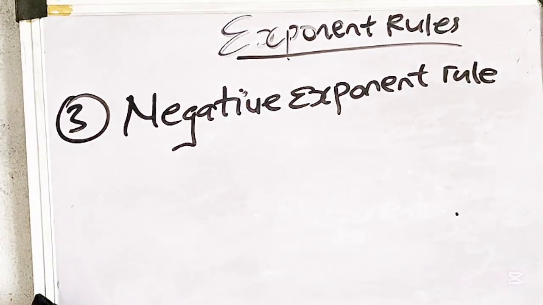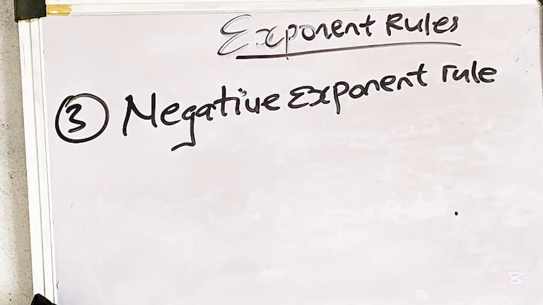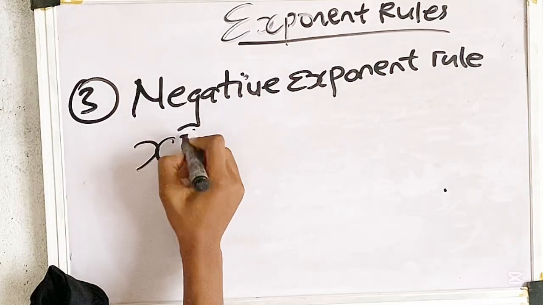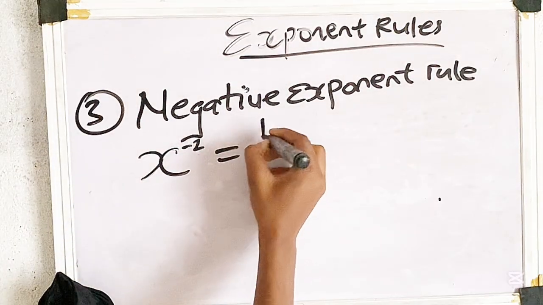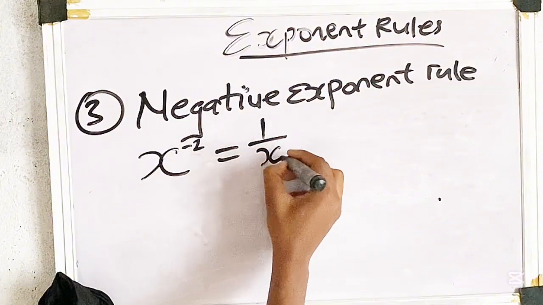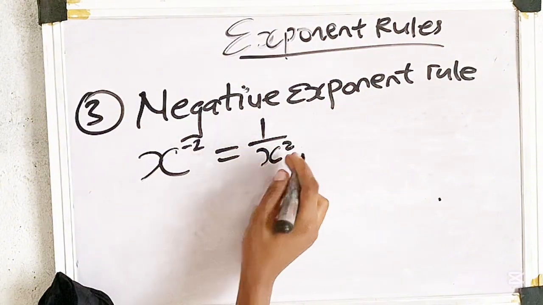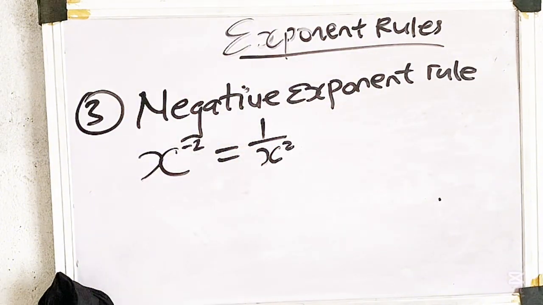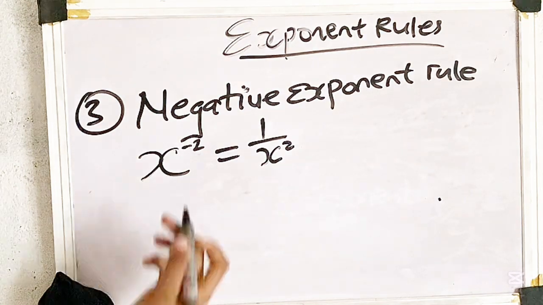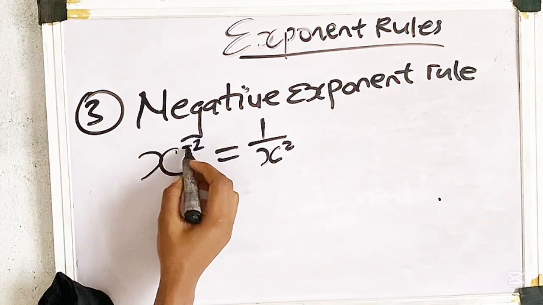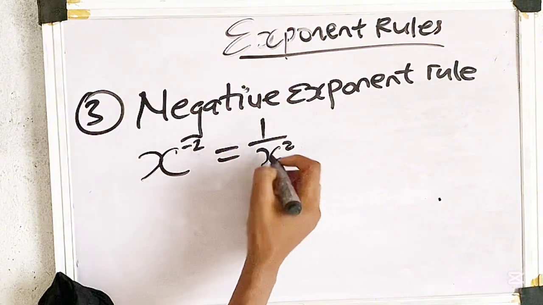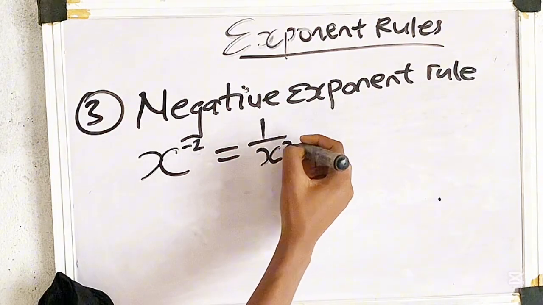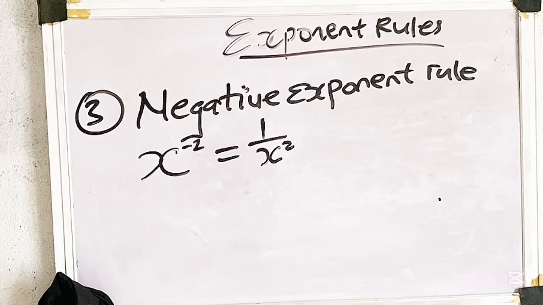Next rule is the negative exponent rule. x to the power of minus 2. The negative exponent rule turns into a fraction over the base raised to the power of the positive exponent. So because this exponent is negative, it turns into a fraction over the base raised to the power of the positive exponent.